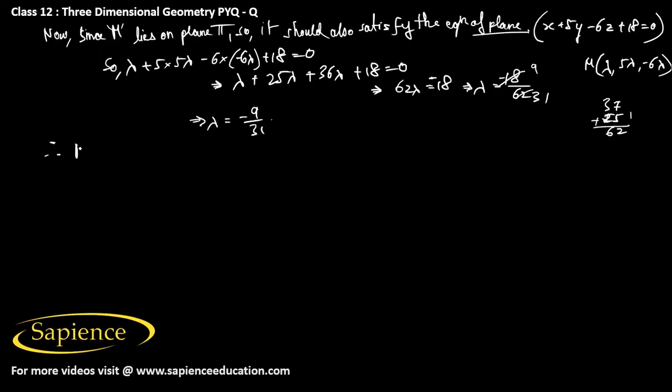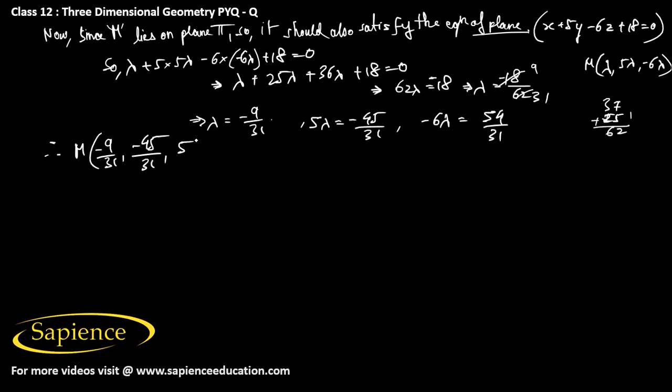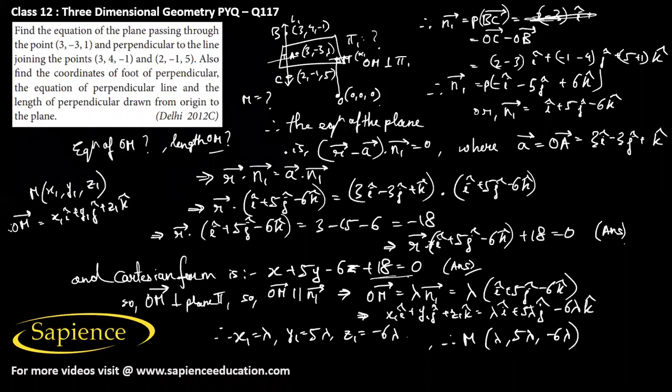Therefore the coordinates of the point M will be: lambda is minus 9 by 31, 5 lambda is minus 45 by 31, and minus 6 lambda is 54 by 31. So it will be the point M: minus 9 by 31, minus 45 by 31, 54 by 31.